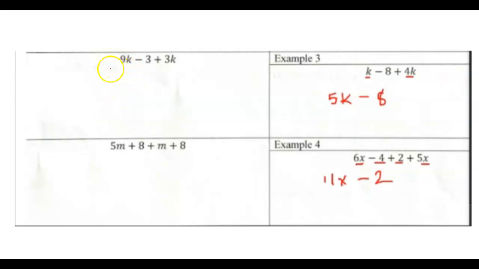For this first example, when you combine the k's, you should have gotten 12k minus your 3, right? You're going to bring down the 3. Down here for this problem, again, combining like terms, you're going to combine the m's, you're adding, so you should have 6m.